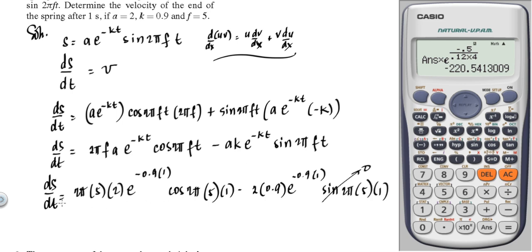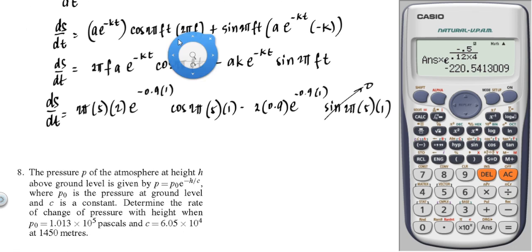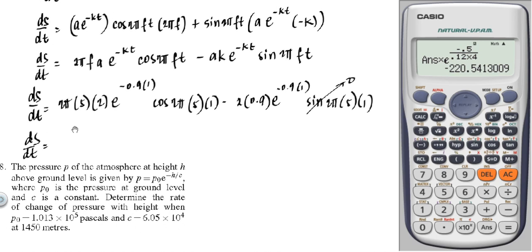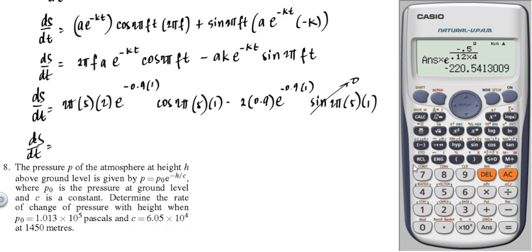Okay, so ito na lang pala ang kukumputin natin. Yes. So let's use our magic Casio. So ds over dt is equal to 2 pi times 2 times 5, so we have 10 times 2, so 20 pi.